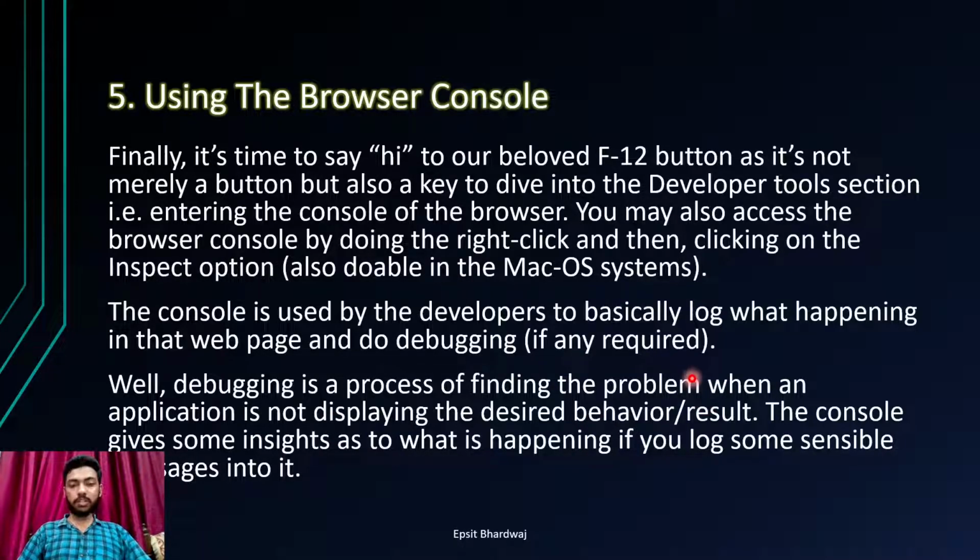Hence, debugging is nothing but finding any error, any problem that has come up in the application we are using, or any web app or website we are going through. It is not displaying the desired output according to the JS code that we have entered. The console gives us some insight into what's happening there. If you log some sensible message, what I mean by that, let's take a look.